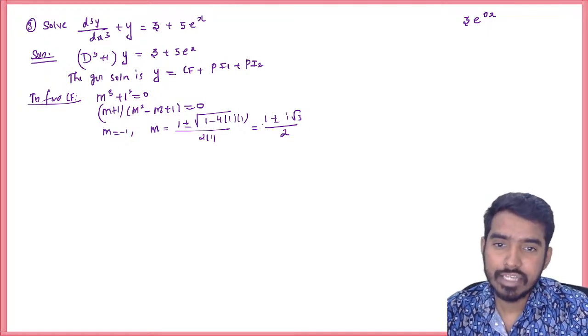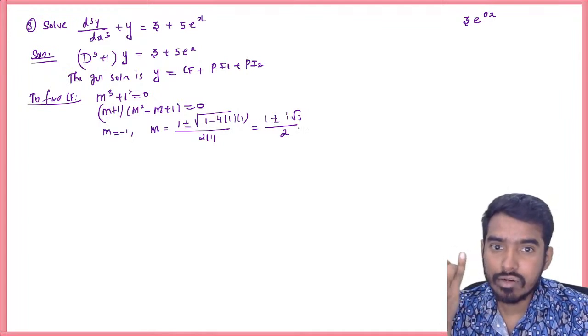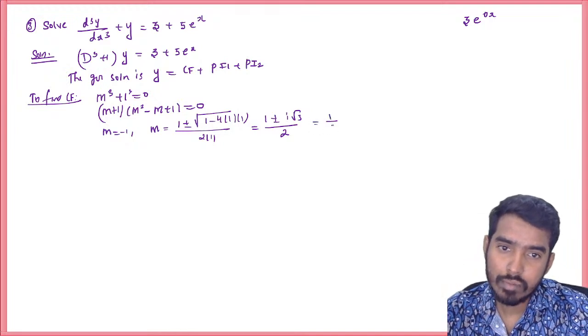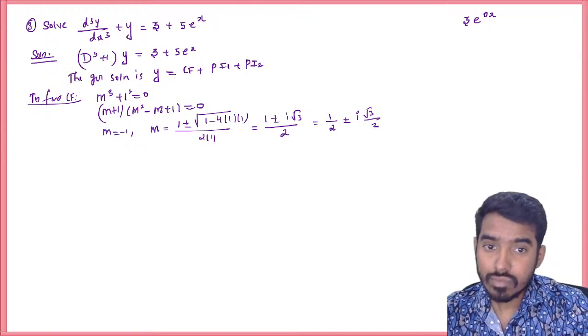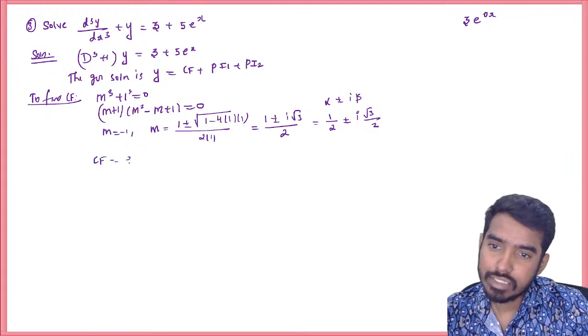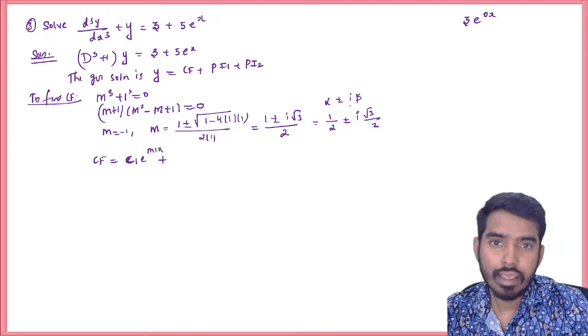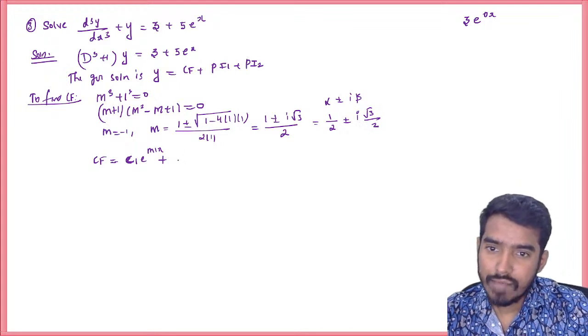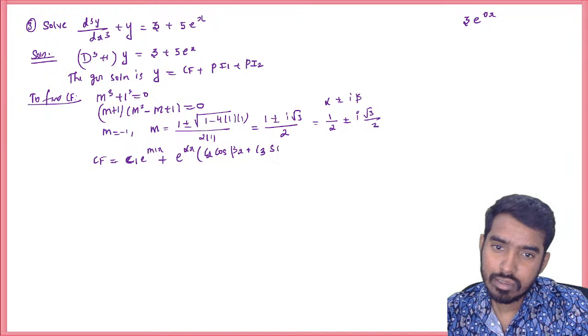So you can see we have one distinct root and one pair of complex roots, right? This is 1 by 2 plus or minus i root 3 by 2, which is alpha plus or minus i beta. Therefore, the complementary function is C1 e power m1 x for this distinct root, plus for the complex root we will have e power alpha x into C2 cos beta x plus C3 sin beta x, right?